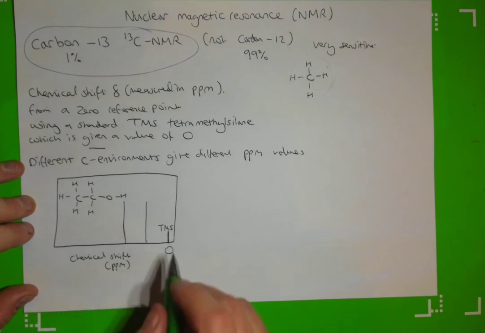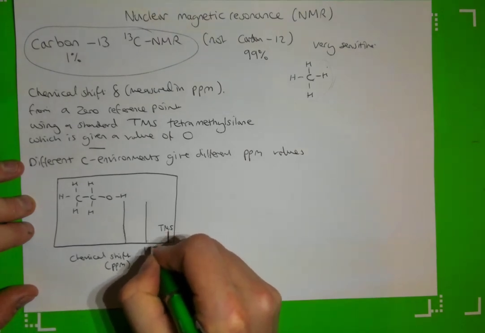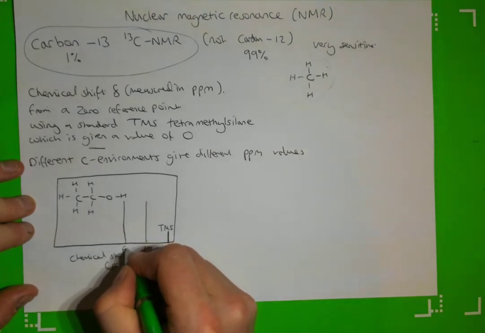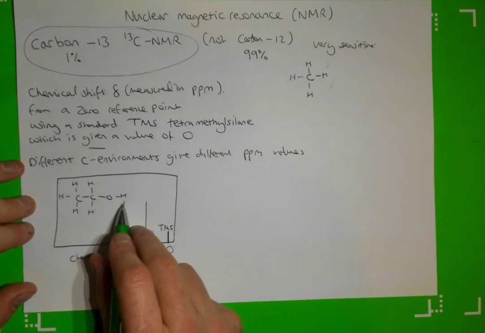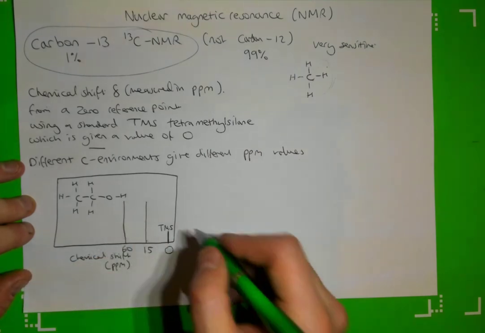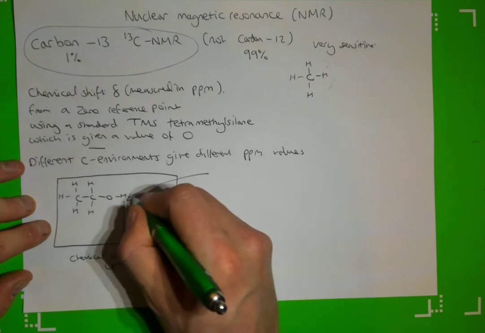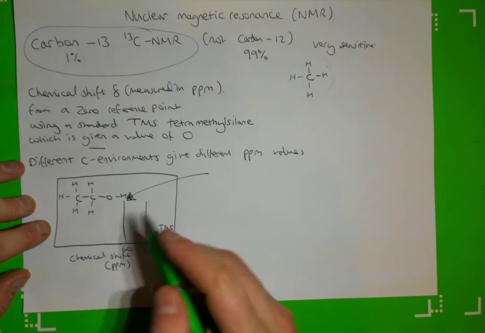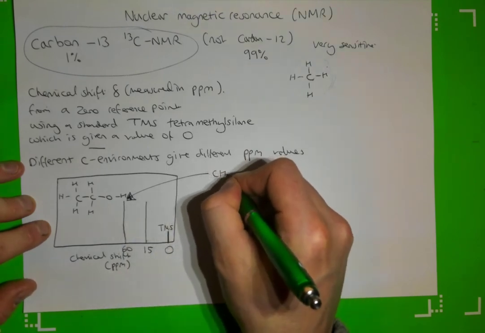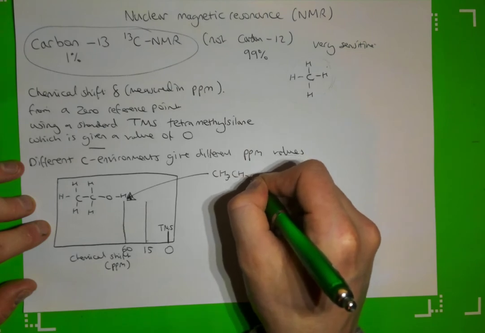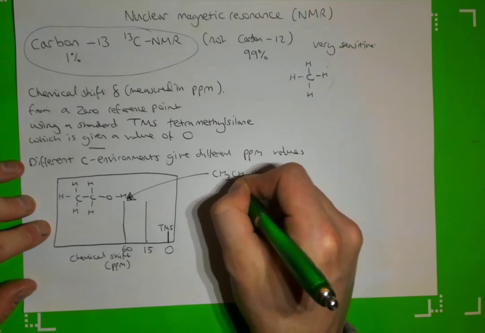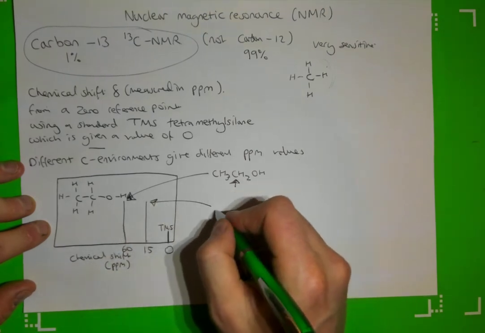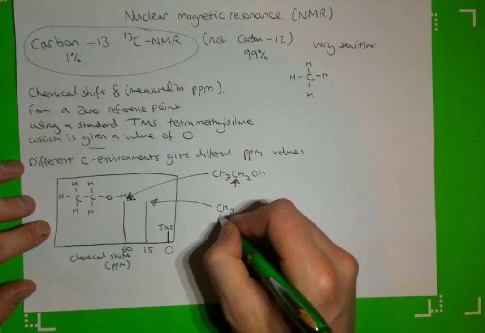So if we have a chemical shift here of 15, that will be to do with one carbon environment, and a chemical shift of, let's say, 60 will be another carbon environment. So this chemical shift here at 60 could be down to this carbon, that one there, and this chemical shift here could be down to this carbon environment here.